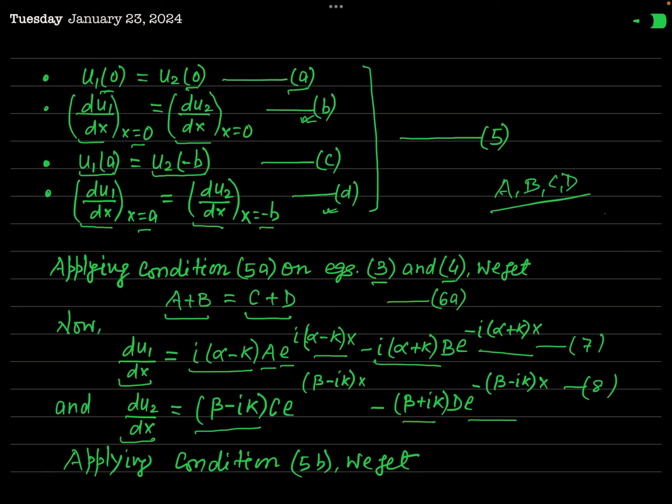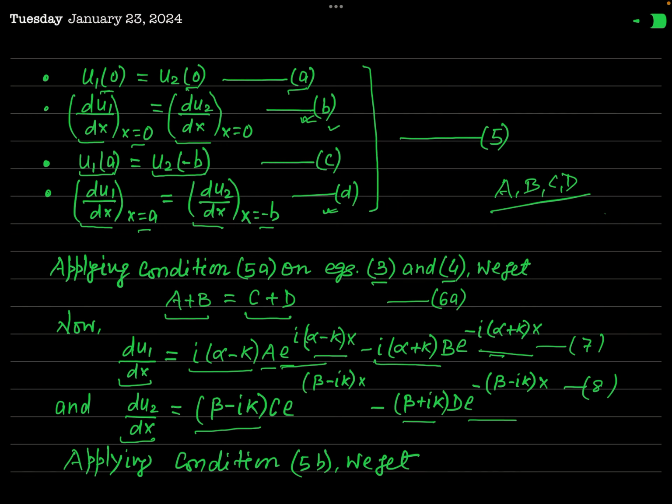Now you can apply this boundary condition 5b. When you take x equal to 0, then du1 by dx and du2 by dx will be equal. And taking x equal to 0, all the exponential factors in the RHS of these two equations will be 1. Okay.